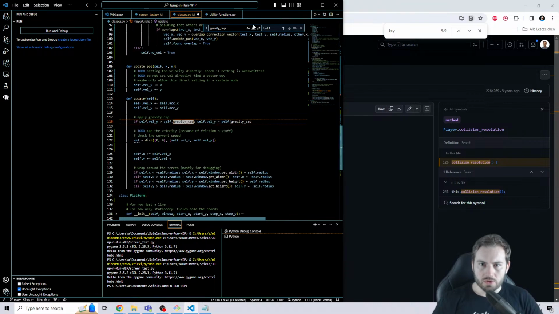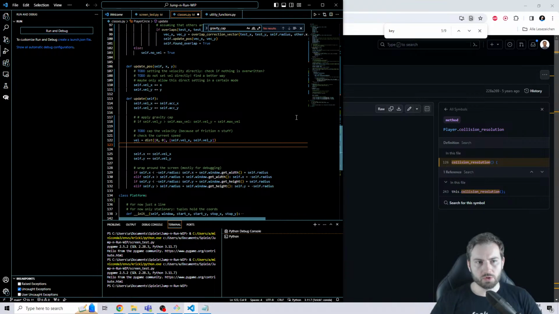Where do we still have this gravity cap? It's in here. And here. But I don't want it here no more. I want it to be here. And then it allows me to check not just the y direction, but like the whole vector, of course.